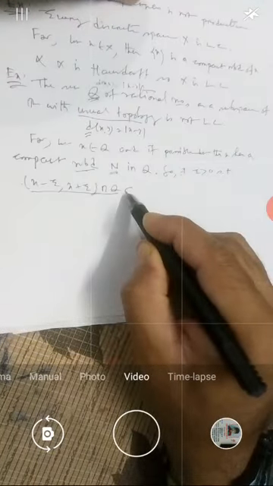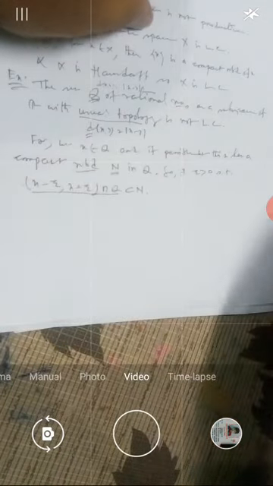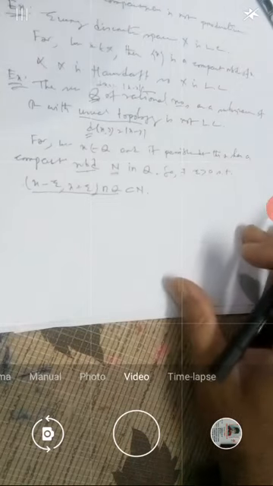This is totally contained in N by the definition of neighborhood.